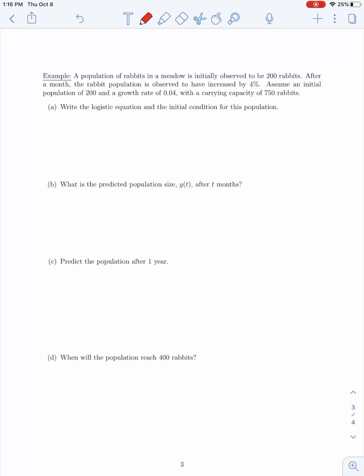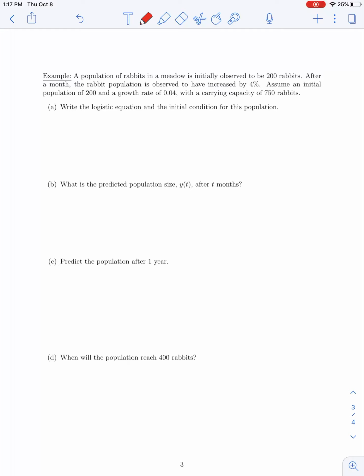So assume an initial population of 200 and a growth rate of 4% or 0.04 with a carrying capacity of 750 rabbits. So within this particular meadow, we are assuming that there cannot exist more than 750 rabbits.